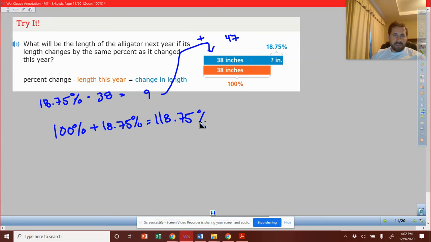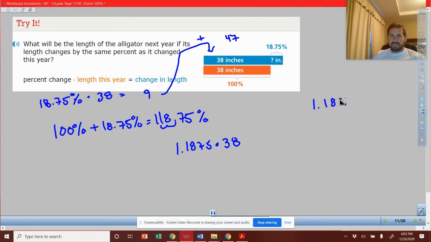This is the percentage that our new alligator will be. So we can take this percentage and turn it into a decimal, 1.1875. I've just moved the decimal 2 places, right? And then I'm going to multiply that by what I have. So instead of just finding 18.75%, we're finding 118.75%. And that's going to give us our answer to tell us how big this alligator will be.